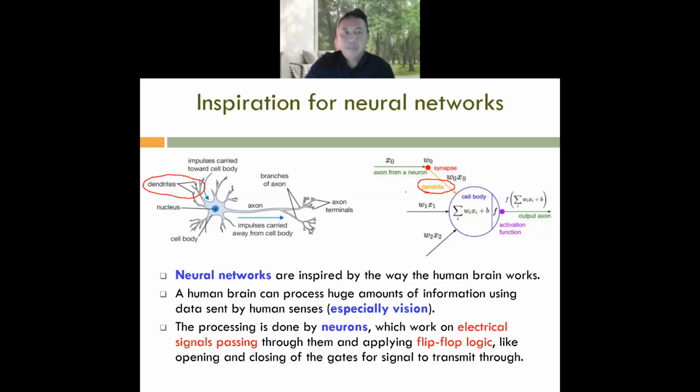And the processing is done by the neuron, which works on electrical signal passing. So the impulse will be carried out and will be released to the next one using this axon terminal. So this is your output.